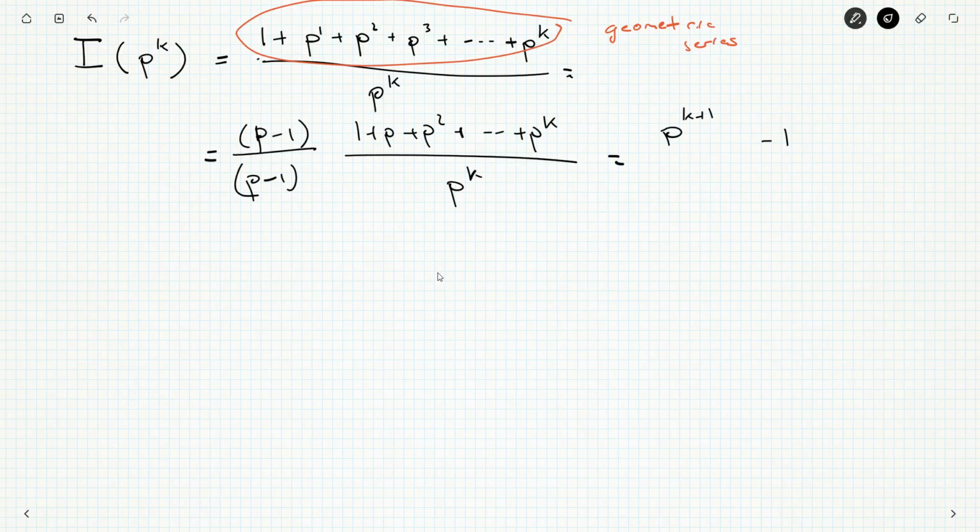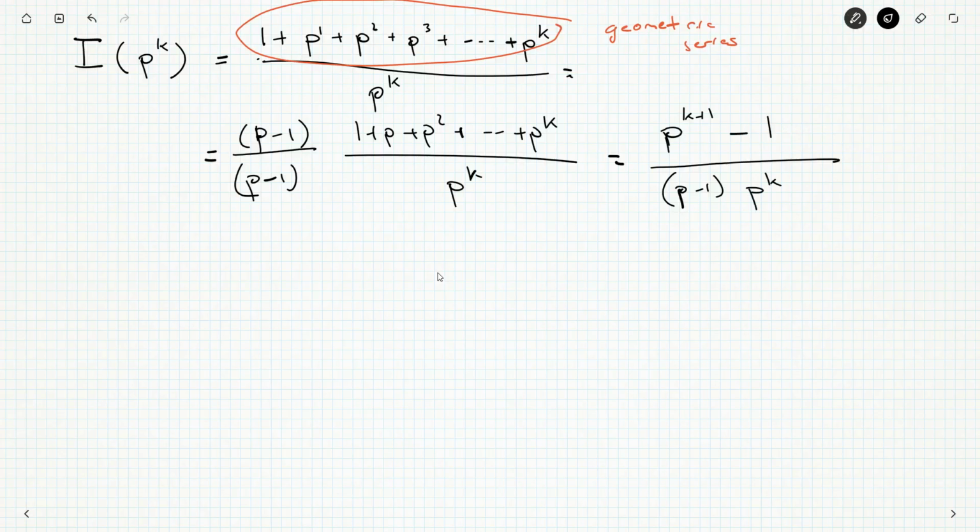So I knew my formula was slightly off. And then we'll get p minus 1. Everything else cancels. This is what's called a telescoping sequence, or telescoping series, I guess. But here's my formula. So this is my formula for I of p to the k.